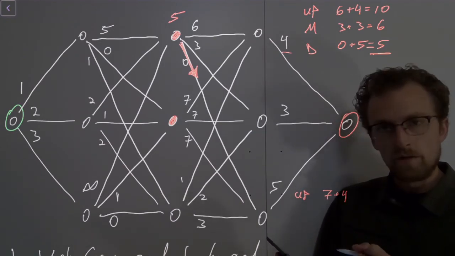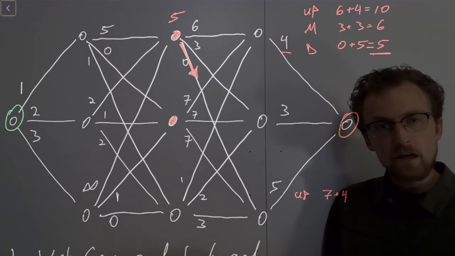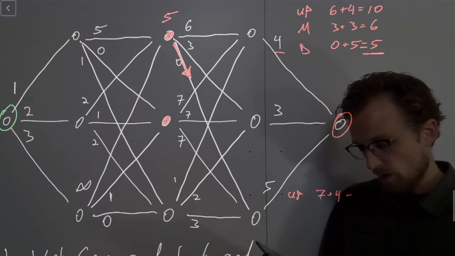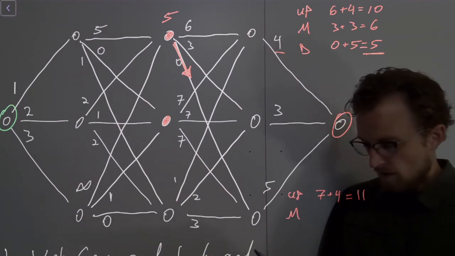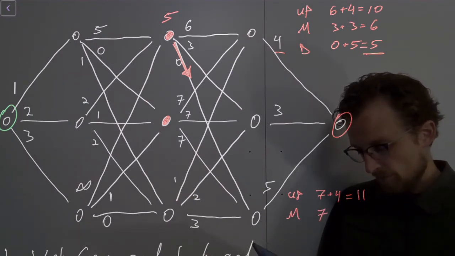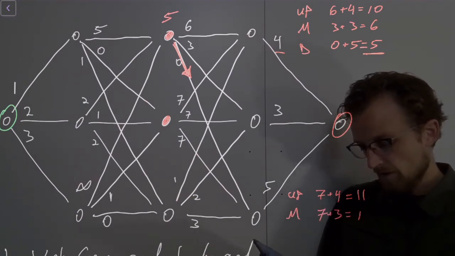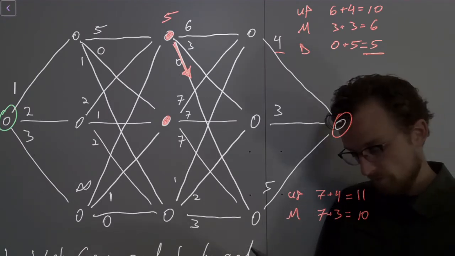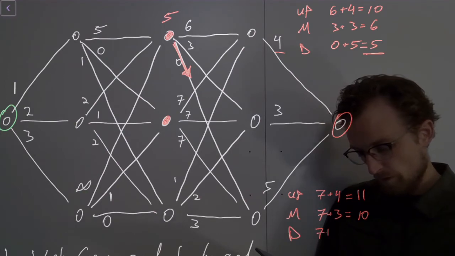The 4 is this one. So if I go up, it's a cost of 7 plus 4, which is 11. If I go mid, that's a cost of 7 plus 3, which is 10. And if I go down, that's a cost of 7 plus 5, which is 12.